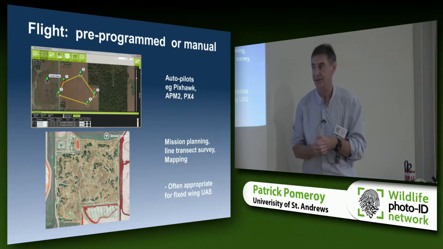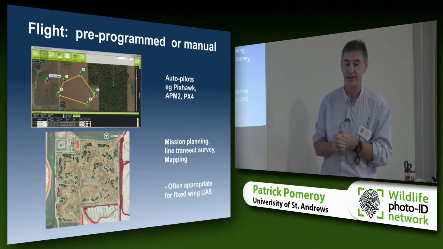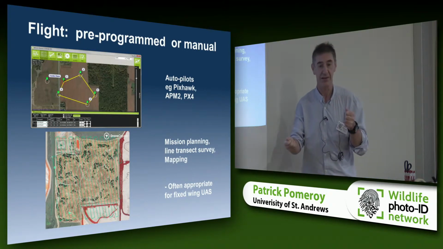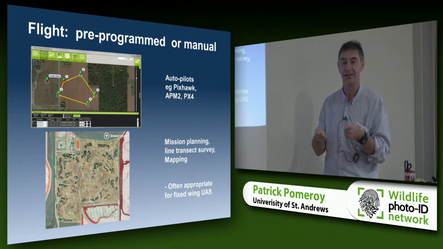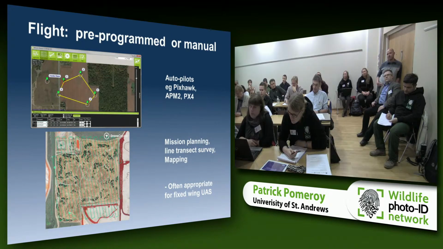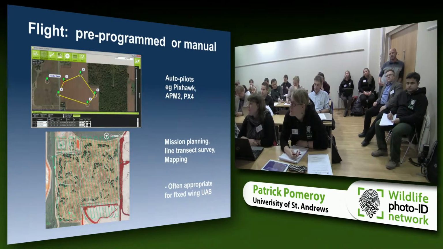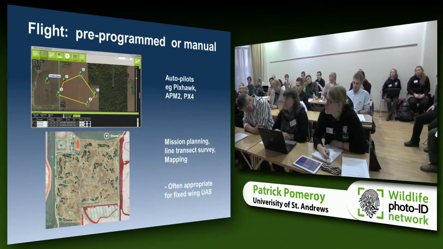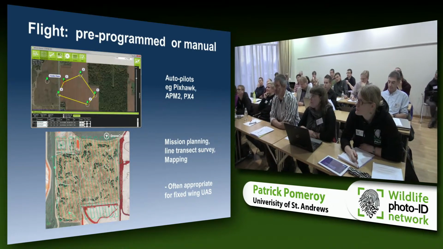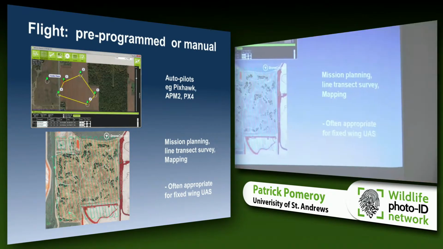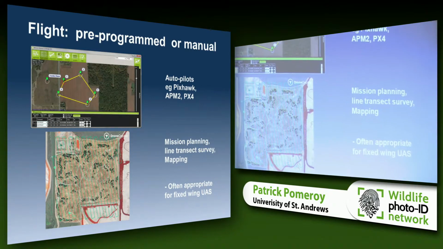One of the other considerations that you can think about for UAS applications is whether the flight is flown manually or whether you follow a pre-programmed flight. And all of these options are possible. These are typical flight plans that can be programmed into the aircraft, either to do a survey of a perimeter perhaps, or to do the classic lawnmower pattern survey to cover a particular section in a line transect type of survey pattern.